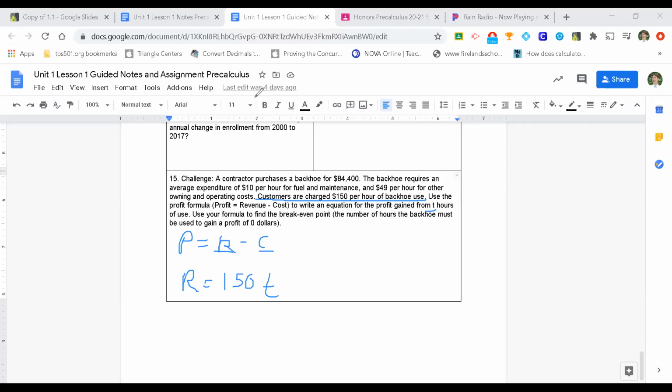What's C, you say? Let's use a different color for C. What's your cost? How much money am I losing on this backhoe?